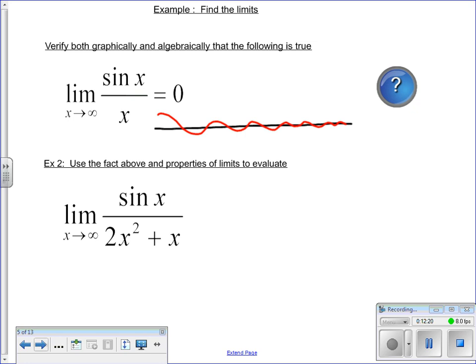It's constantly crossing, but it's narrowing in on it. That is also considered asymptotic behavior because it essentially becomes 0. It does go back and forth, but that back and forth is really tiny at some point, and it essentially becomes the x-axis. So it is asymptotic even though it actually touches. Okay.